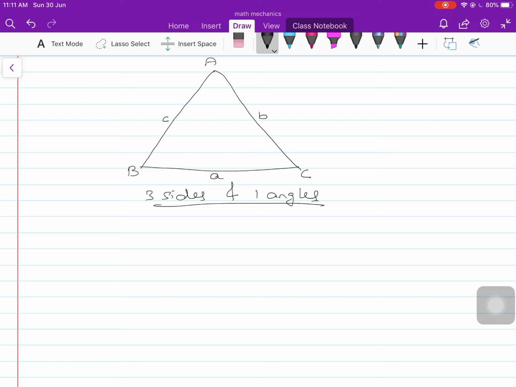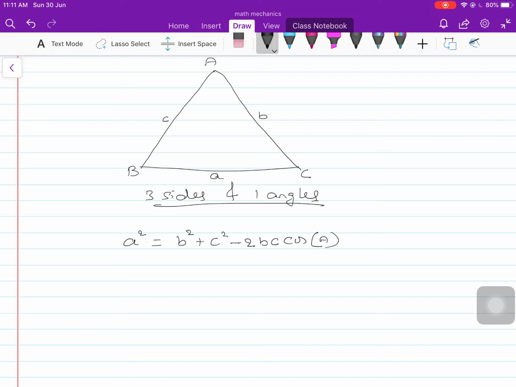So how does cosine rule work? Suppose I want to find the side a. Something similar to Pythagoras theorem: a squared is equal to b squared plus c squared, right? But this is a non-right angle, so minus 2bc cos of the angle opposite to that.